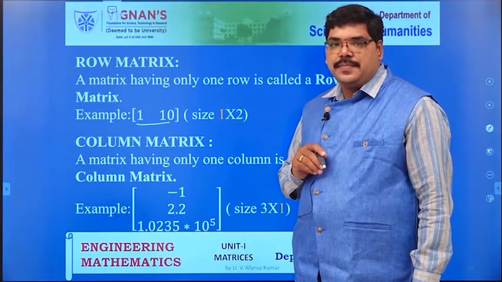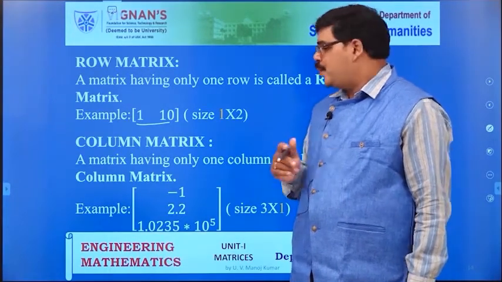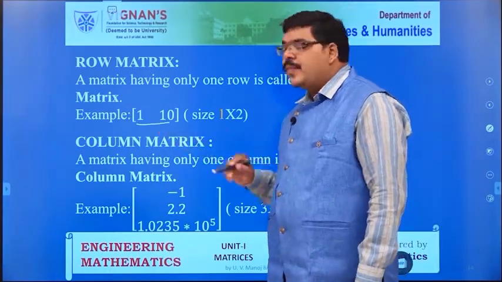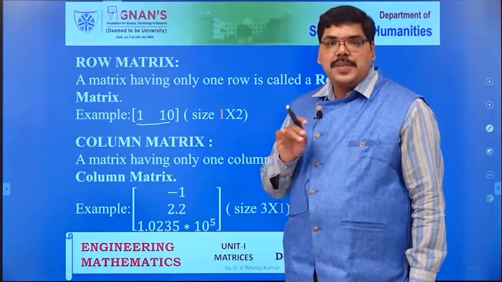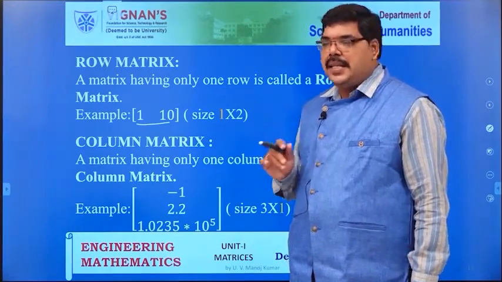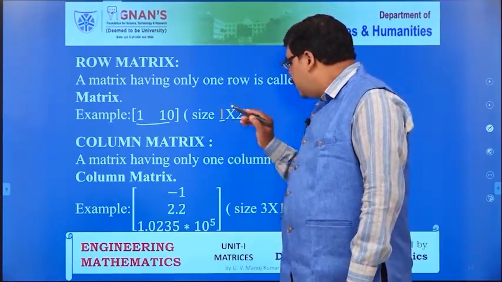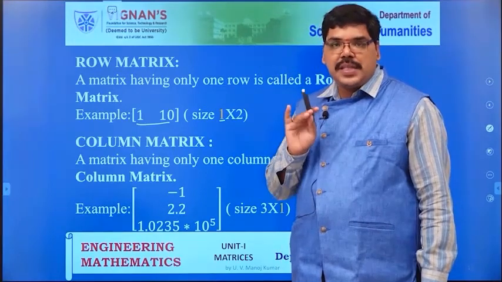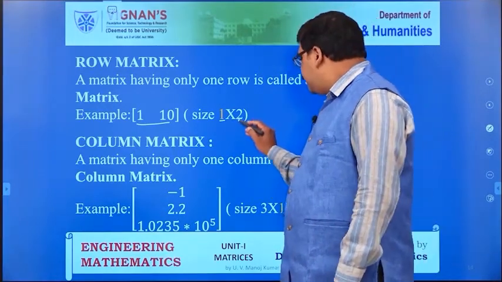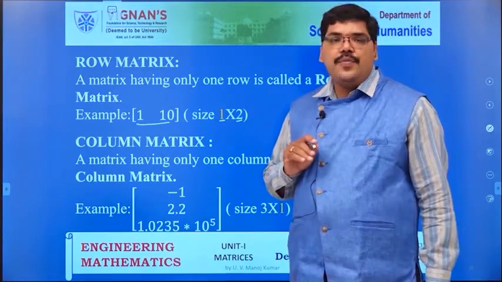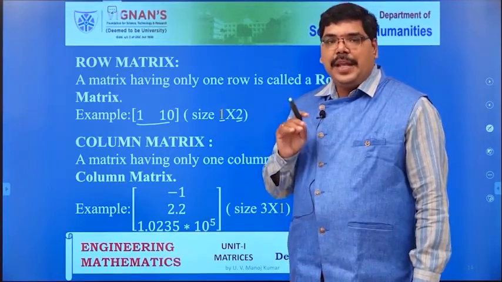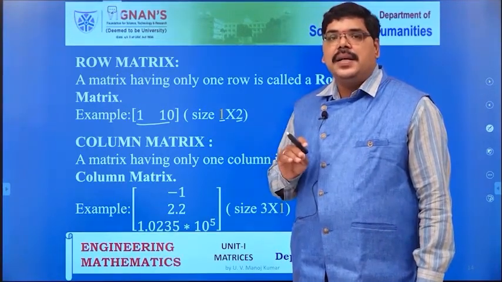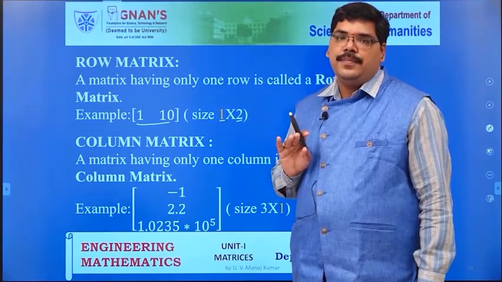This is a row matrix because it has only one row. When you are specifying its size, the number of rows is 1, number of columns 2. In a row matrix, the number of rows should always be 1.